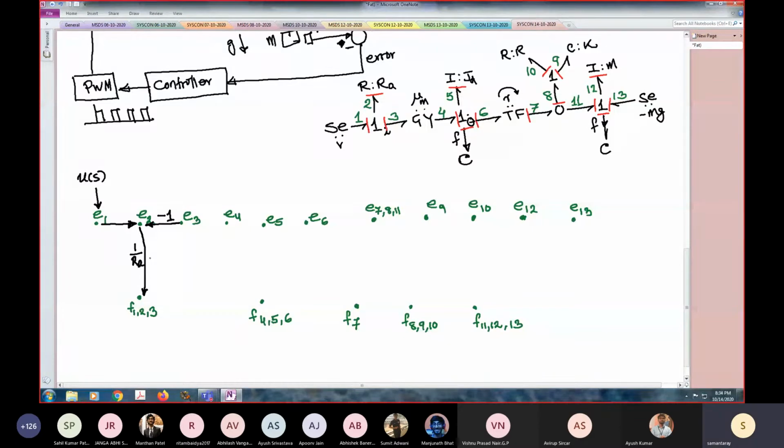Now we will move to the gyrator 3 and 4. In the given causality, the input from both sides to the gyrator is flow, and gyrator gives effort outputs. So gyrator's outputs are E3 and E4. Input to gyrator are F3 and F4.